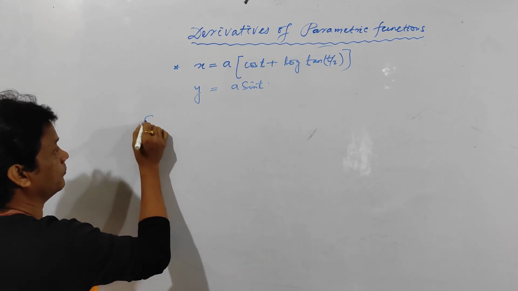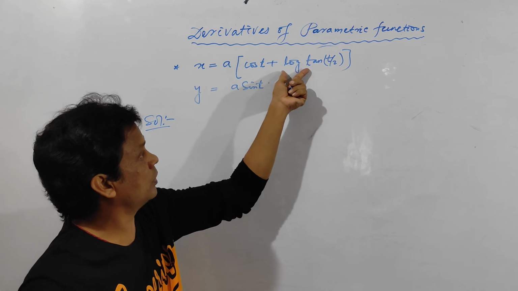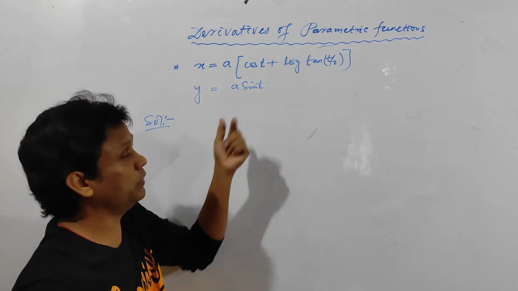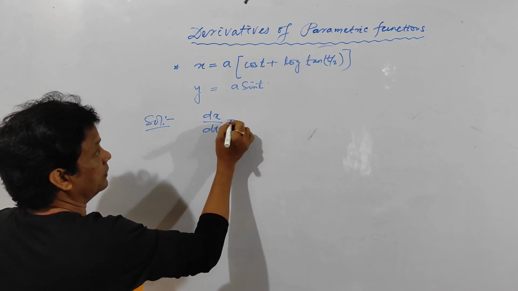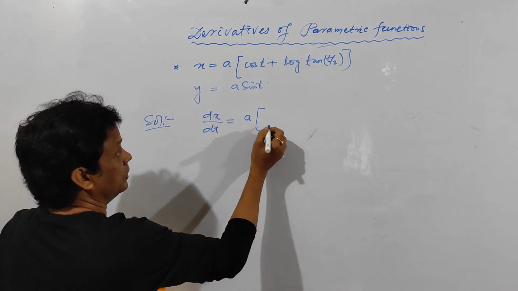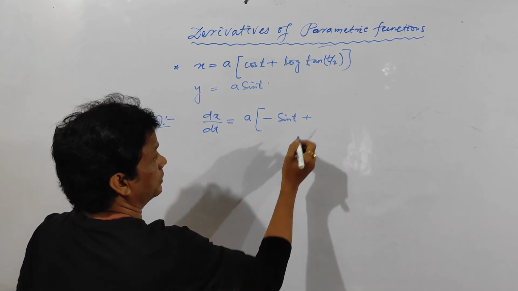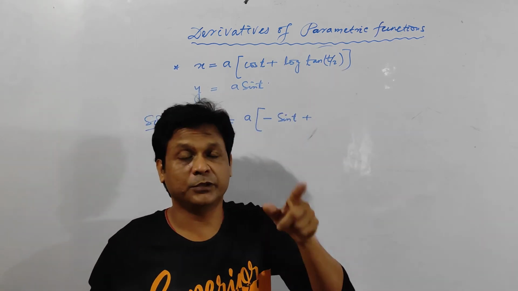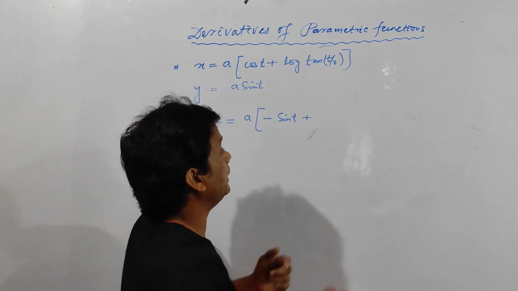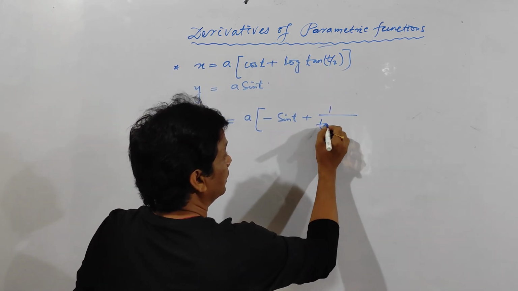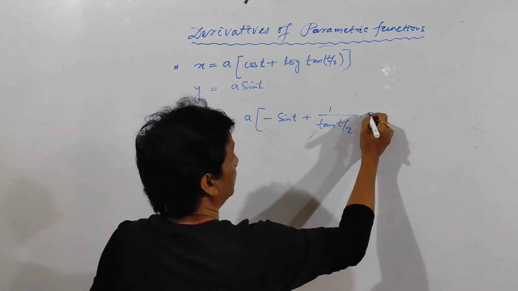See here. x is equal to a into cos t plus log of tan t by 2, and y is equal to a sin t. What is dx by dt? Derivative of cos t is minus sin t, clear, plus log u, and derivative of log u is 1 by u into du by dx. So log of tan t by 2 is 1 by tan t by 2 into derivative of tan t by 2.